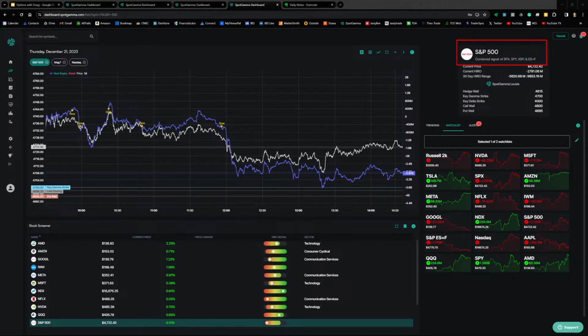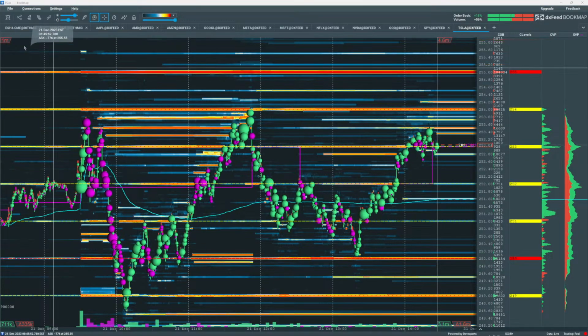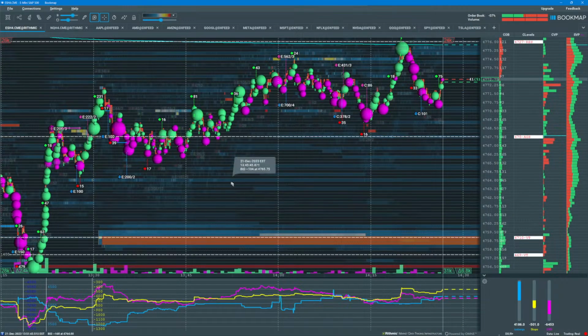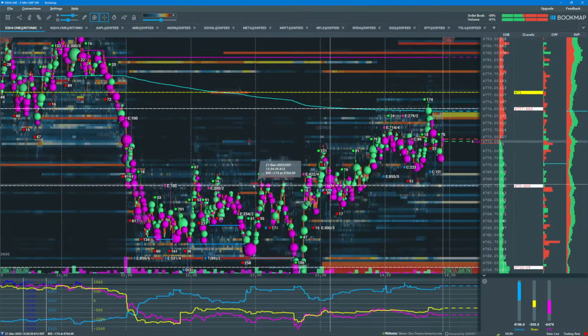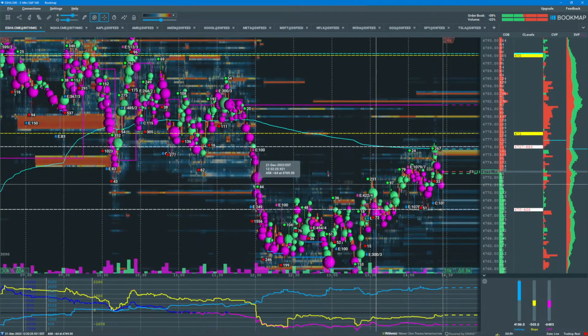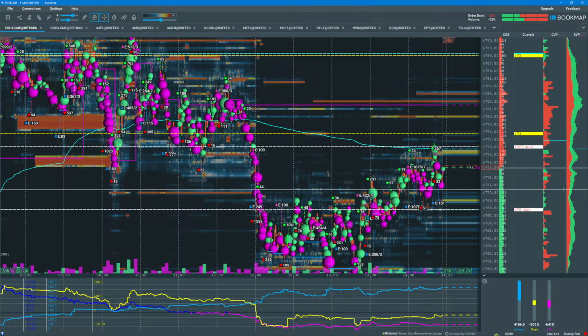And that's also, let's go back to Bookmap. That's why I convert the SPY and SPX levels to equivalent ES levels, so I can see everything on ES.